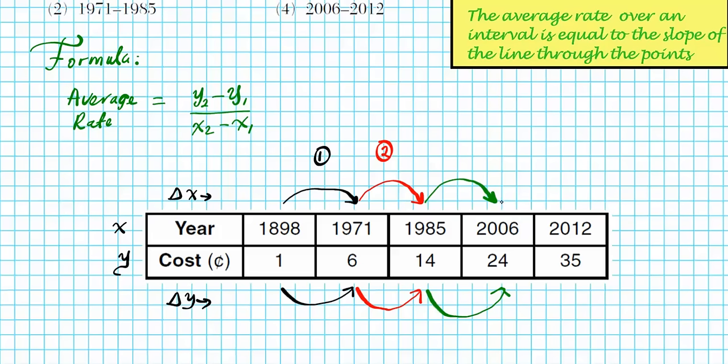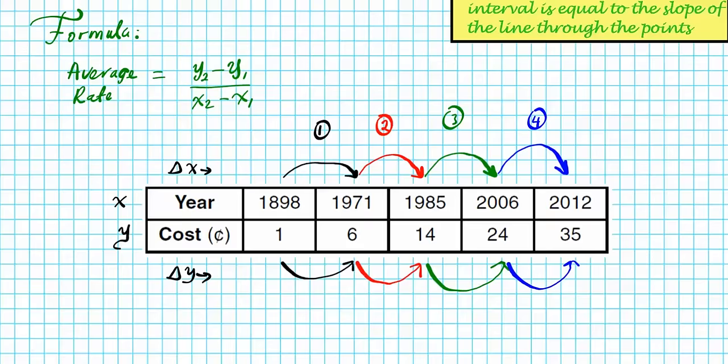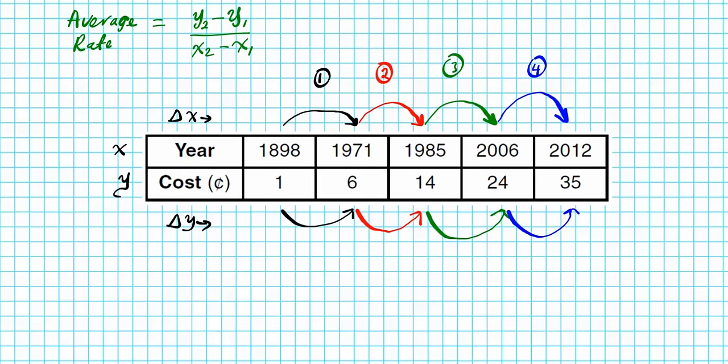And then we have one more, 2006 to 2012, change in x over change in y. Okay, so this is 4, and this is 3. All right, I'm just going to be calculating the average rate on these intervals, and then the one that's the greatest will be our answer, okay? So let's calculate the average rate for interval 1, okay?